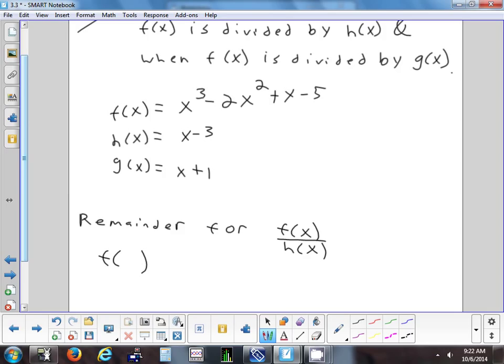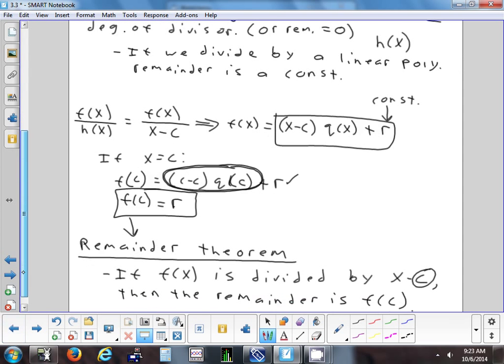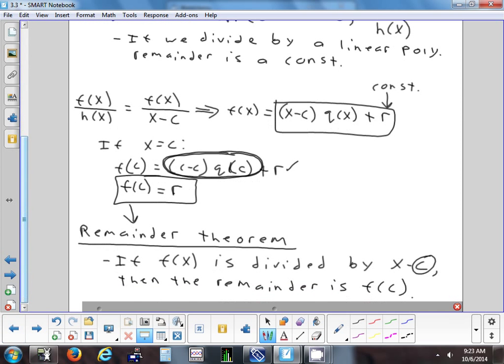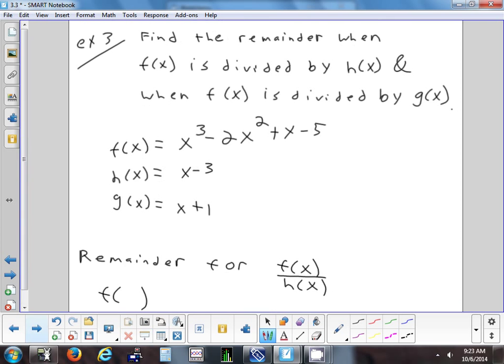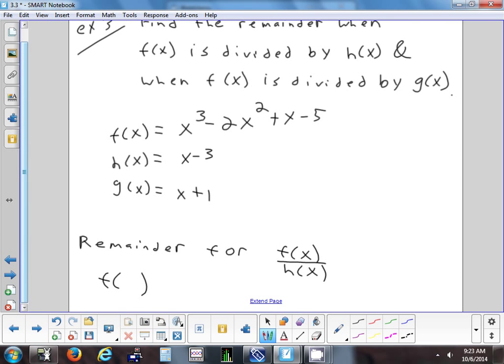Plug in what? You're plugging a single number, right? So we're not plugging in a polynomial. We're just plugging in a number. Okay, what number would you plug in to find this, Josh? Negative 3. Well, let's go back. You're close, but it just says if you want to divide by x minus c, you find f of c. So whatever c is. c is what's after the minus sign. So in this case, we'd plug in 3.